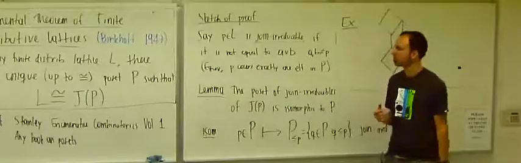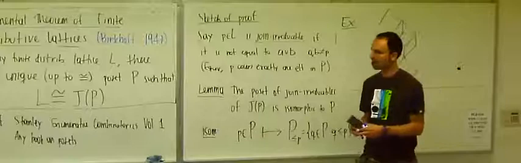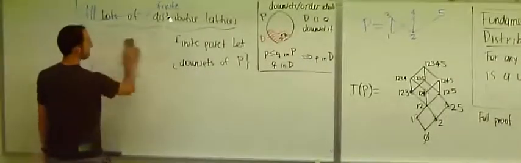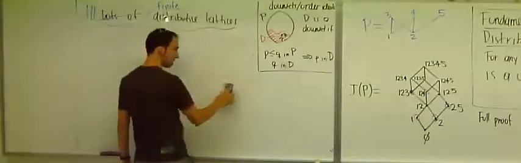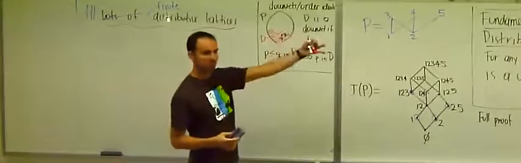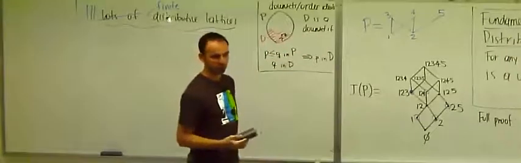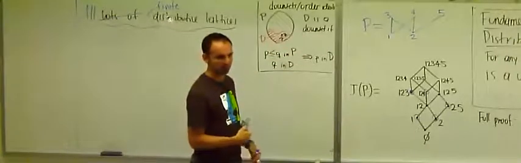I'm sorry, you're asserting... So that's why this is a sketch and not a proof. I'm claiming that this set P sub less than or equal to p is a join irreducible, and in fact they're the only ones.